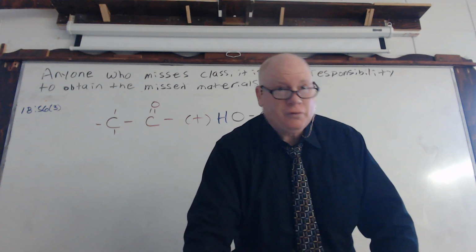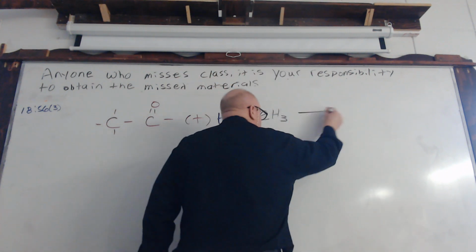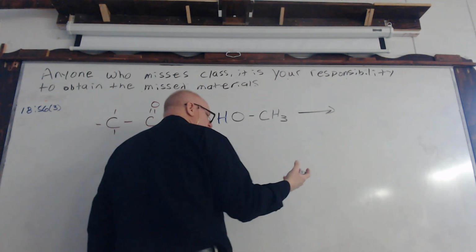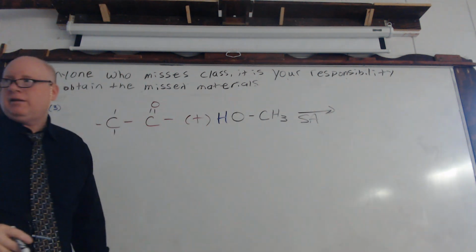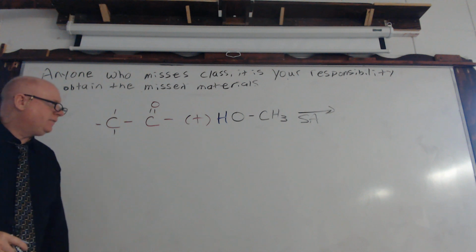It doesn't say how strong. So, we know it just has to be an acid catalyst. So, for our purposes here, we'll just keep things consistent and just say that, okay? There's our acid catalyst, sulfuric acid. Okay?